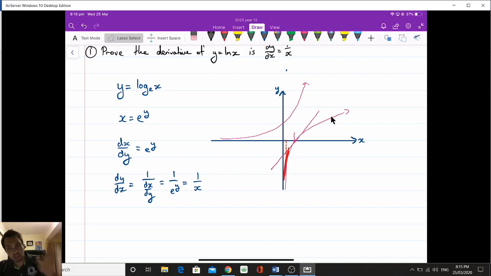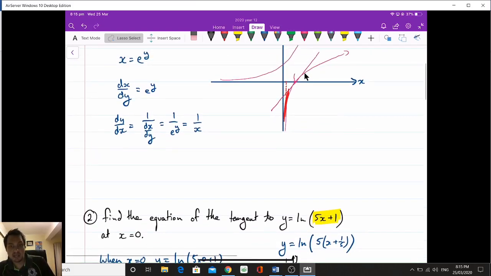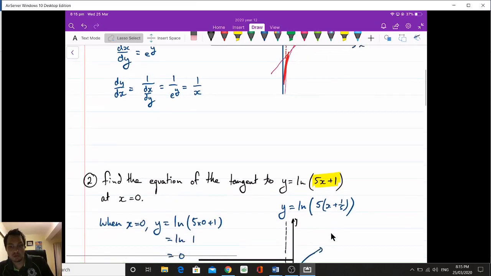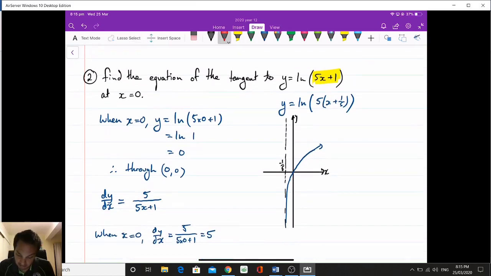However, it's been squashed in, and that's why this one had a gradient of 1 at that point where I was passing through. This one has a gradient of 5 because of that dilation, and that's where we can see this gradient going through that point, that tangent, therefore has a slope of 5.